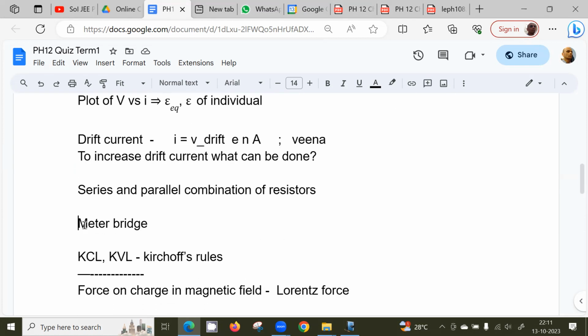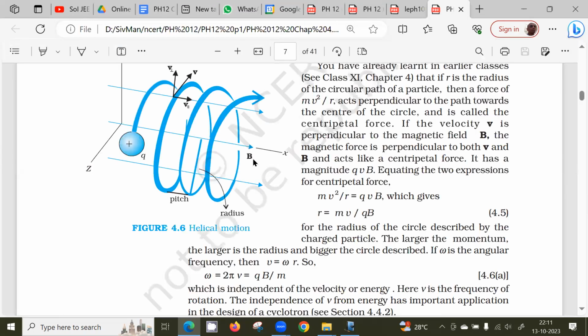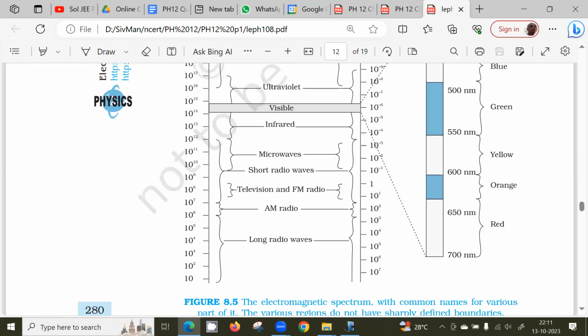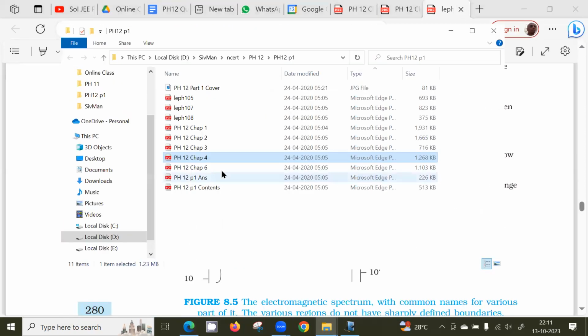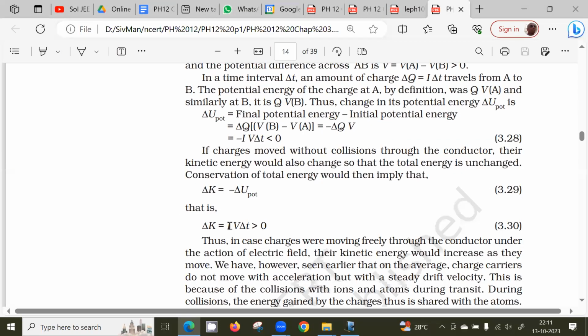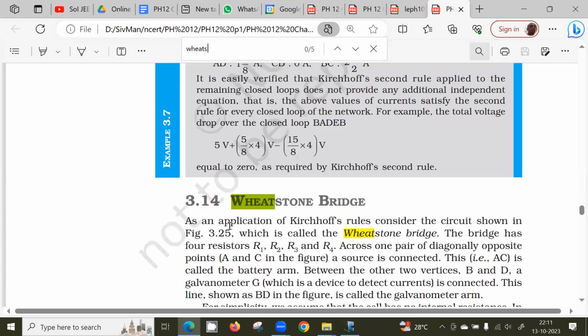So meter bridge, some people are not feeling comfortable. Meter bridge is exactly the same as Wheatstone bridge.